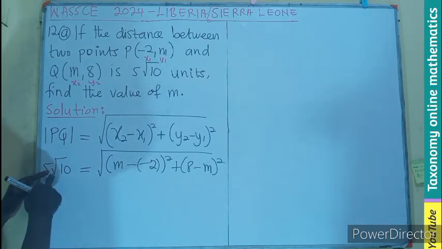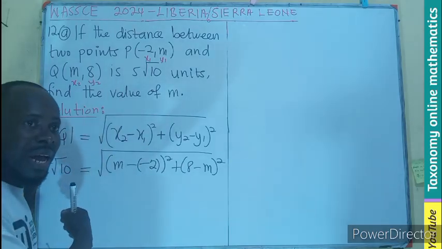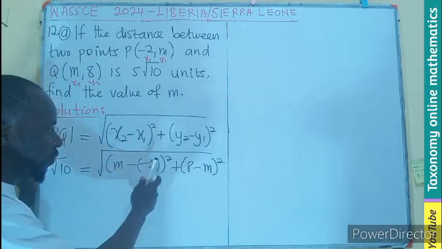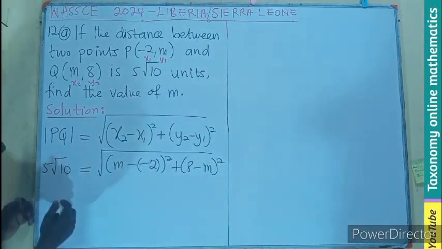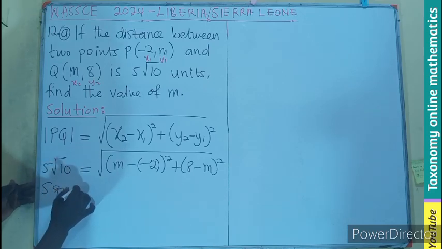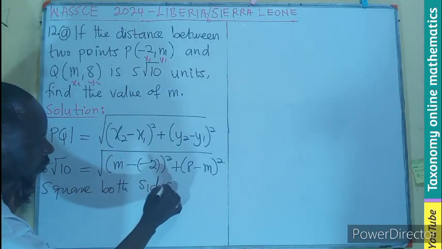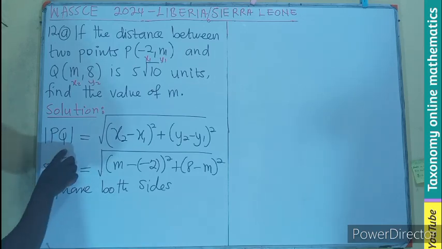All right, if you can see, we have a square root here and a square root here. So we can either square both sides to clear the square root at once before we expand, or we maintain and expand. So if you square both sides, don't forget 5 root 10. This was 25, then times this, that will be 250.